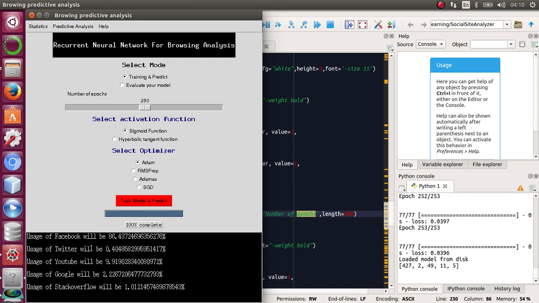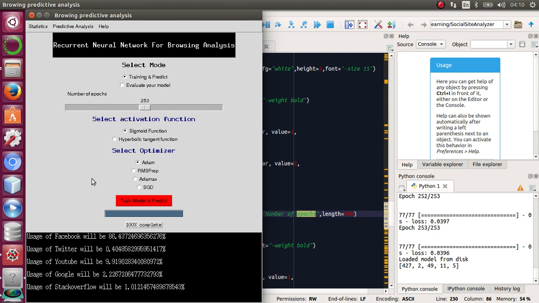So usage of Facebook will be 86%, 0.40, 9.91, 2.2, 1.01. Yeah, okay, so this is what my system predicts my usage is going to be on the very next day.